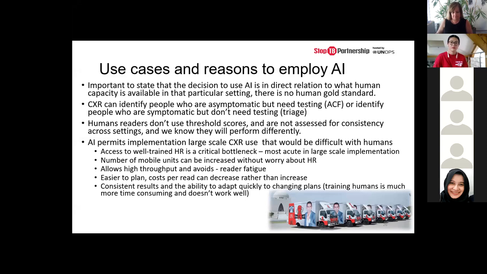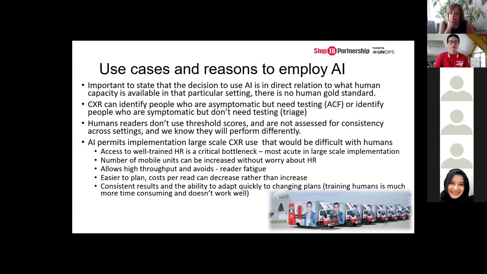Unlike laboratory gold standards, or what we think are gold standards, there is no human gold standard for chest X-ray reading. And to take that one step further, you may be in Mumbai, India, and have a pulmonologist with 20 years of experience, excellent performance, who can provide readings for chest X-rays.